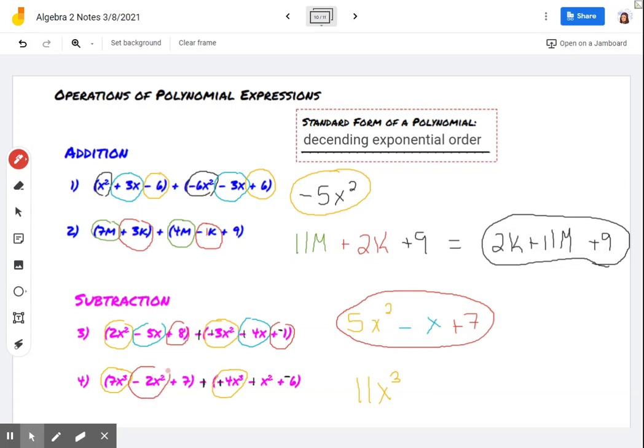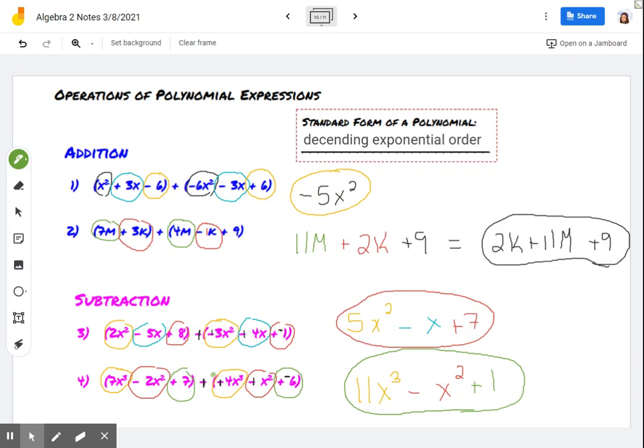Negative 2x squared plus x squared is negative 1x squared. And last one's for constants. I have positive 7 and negative 6, which will leave me with a positive 1. So here I have a cubic trinomial.